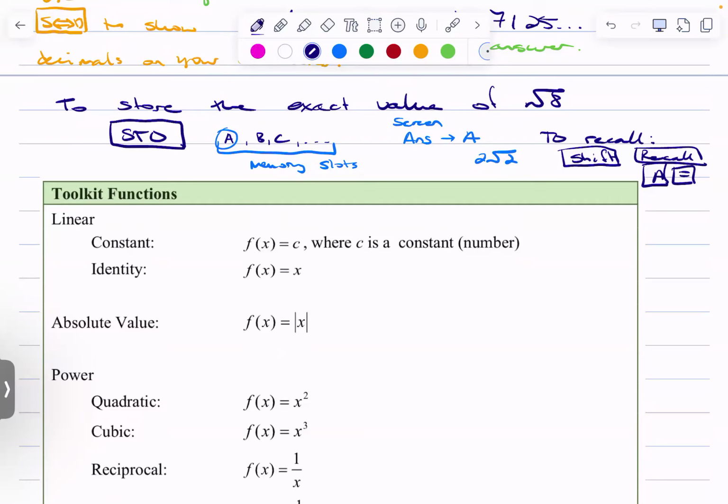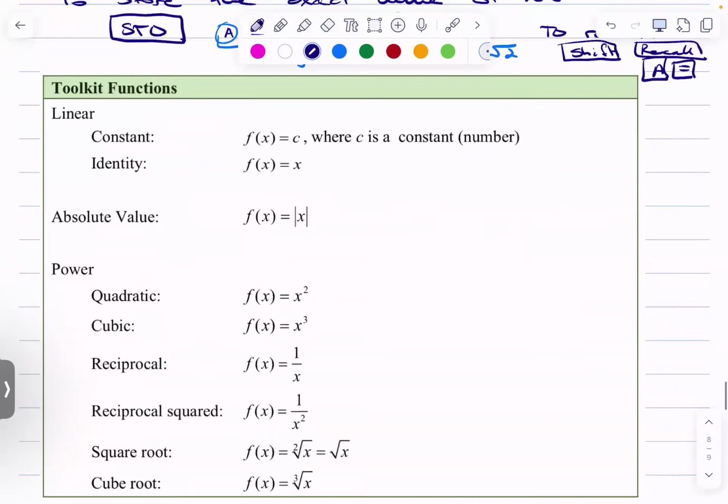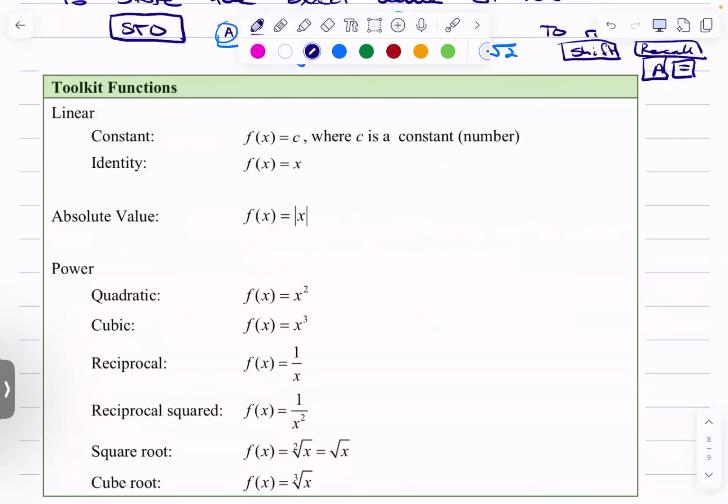Just enough time to do our toolkit functions. So in this course and in any math course, we have this list of toolkit functions.